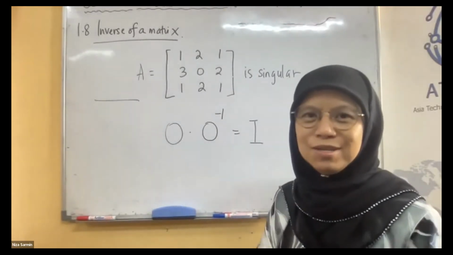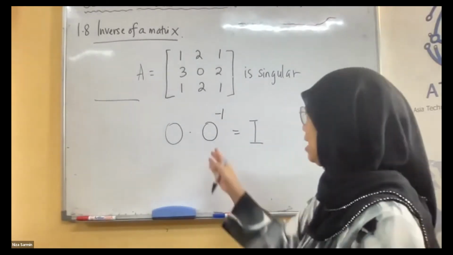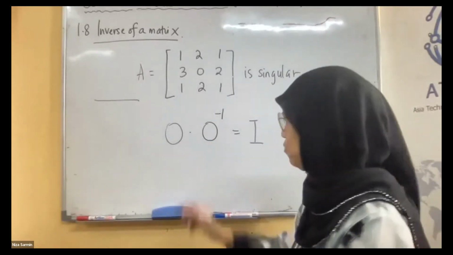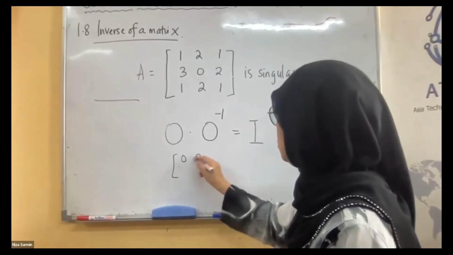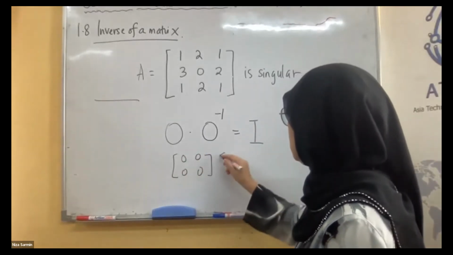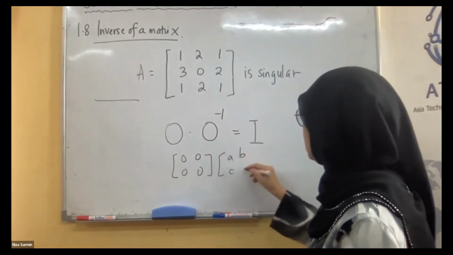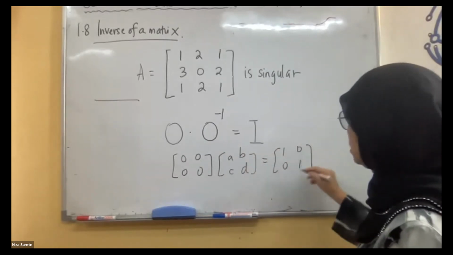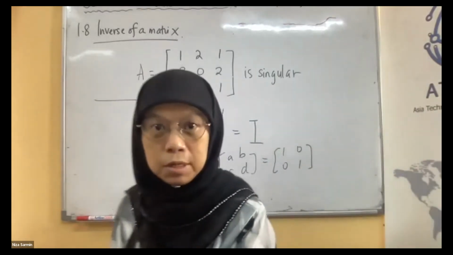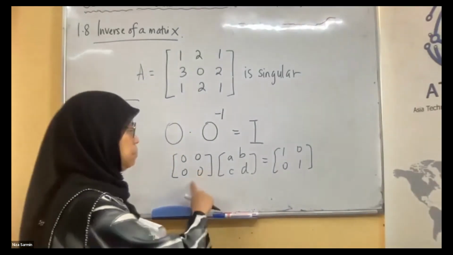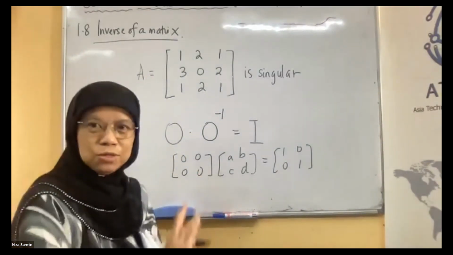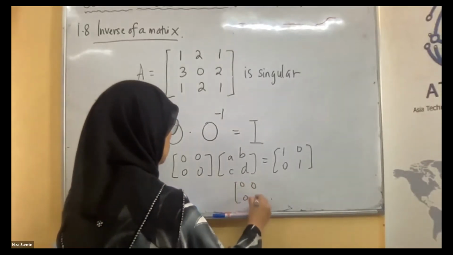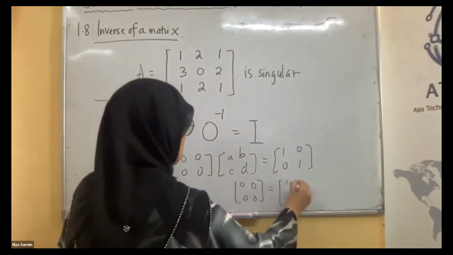No, right? You cannot find any matrix to multiply this and get the identity. If you think about 0, 0, 0, 0, is it possible for this to be equal to this? It's impossible because whatever you multiply by this is just 0. They're all 0. So how can you have this equal to this?